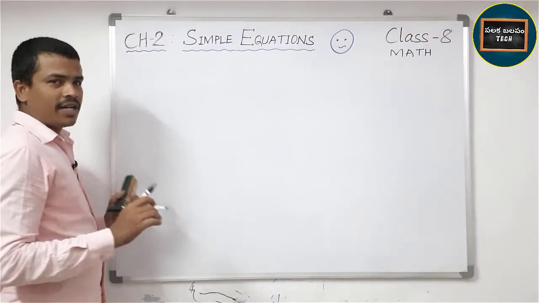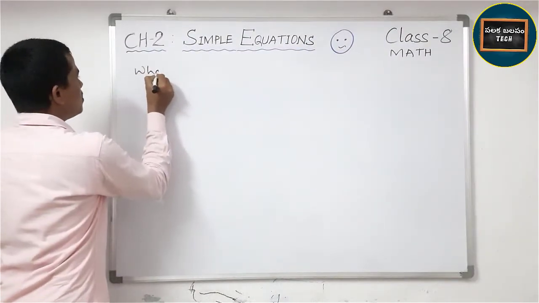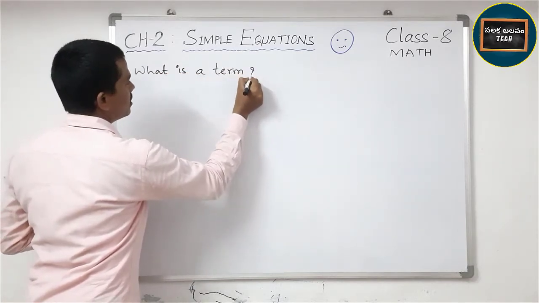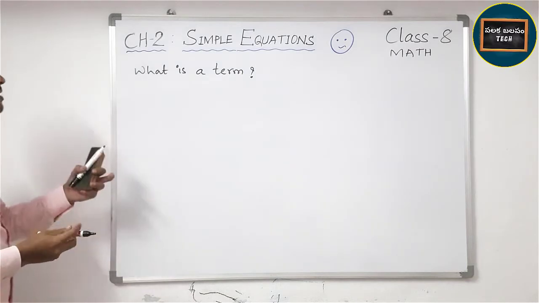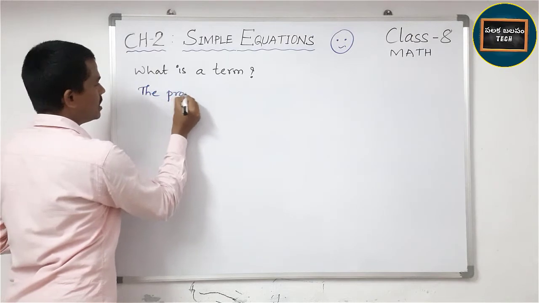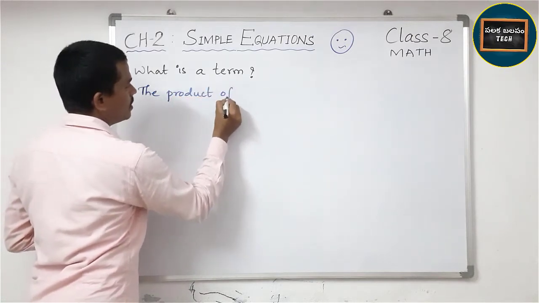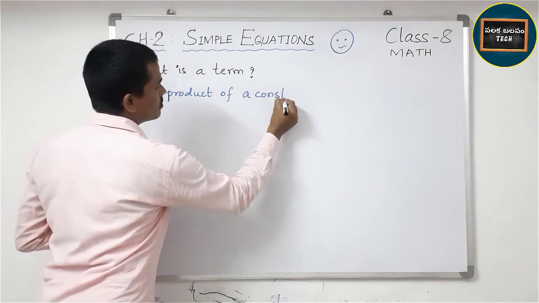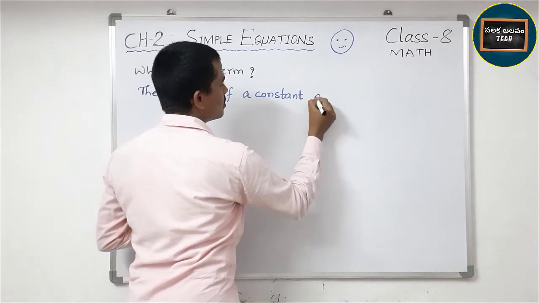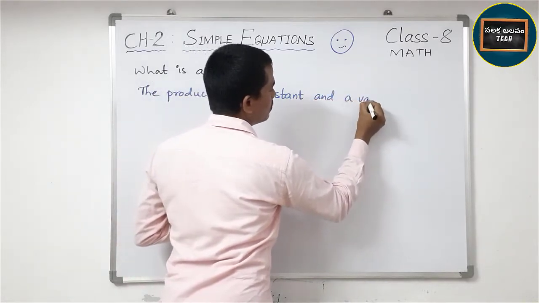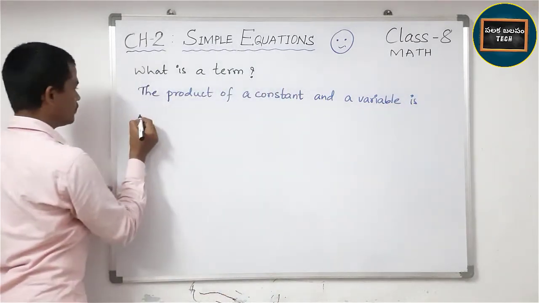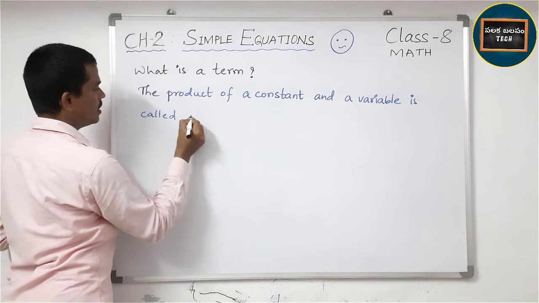Now let us see what is a term. So how we can define the term? The product of a constant and a variable is called a term.